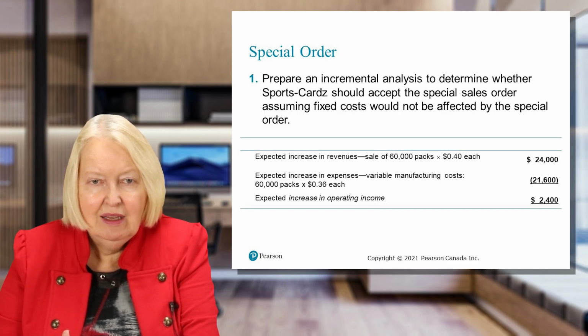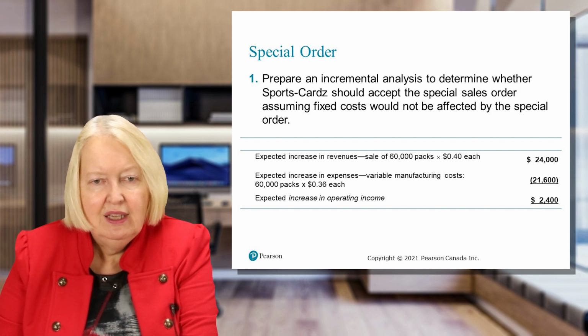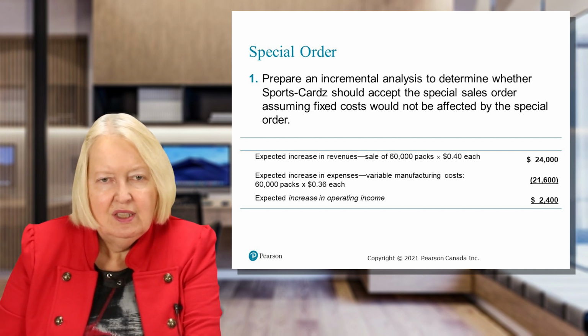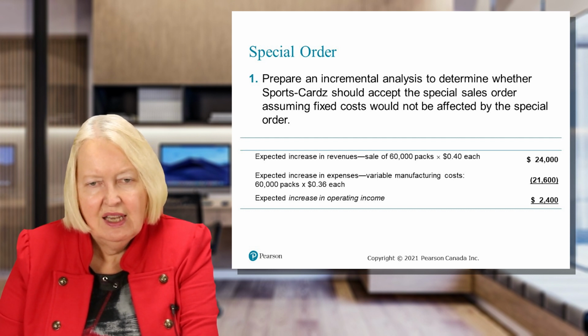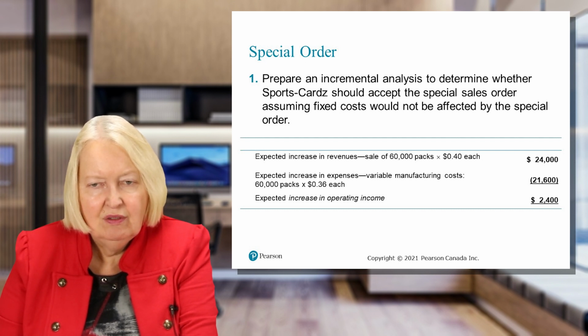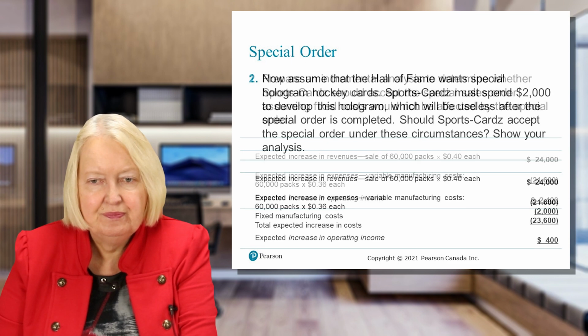So with the special order, so here with this one, you have potential for an increase of 60,000 units for 24,000, and their variable cost 21,600. So you could increase your operating income by 24,000.